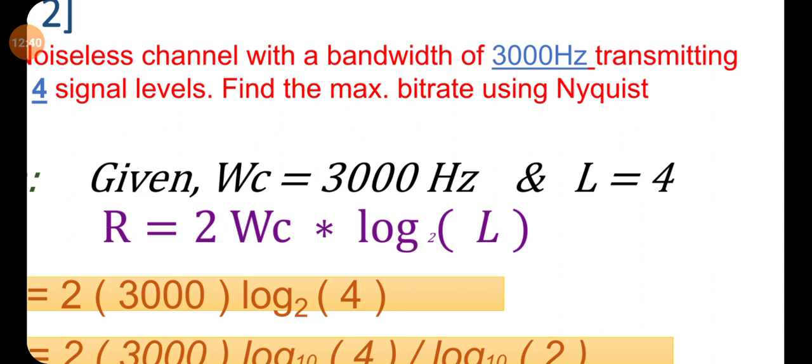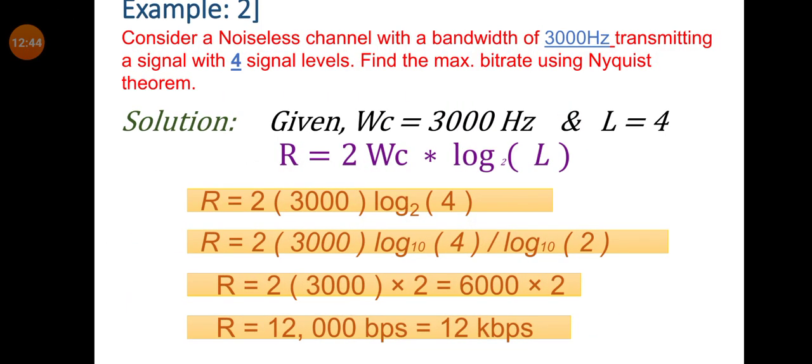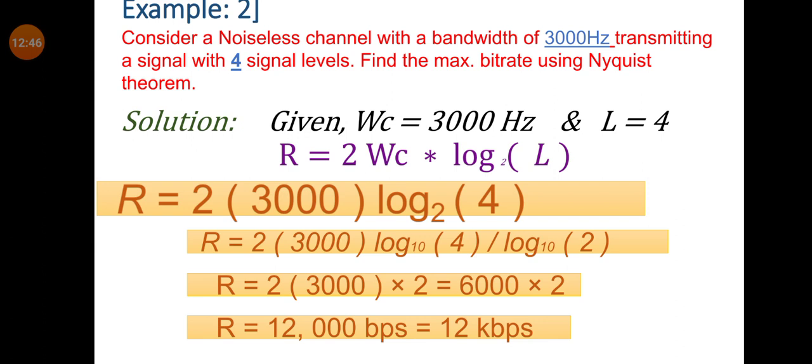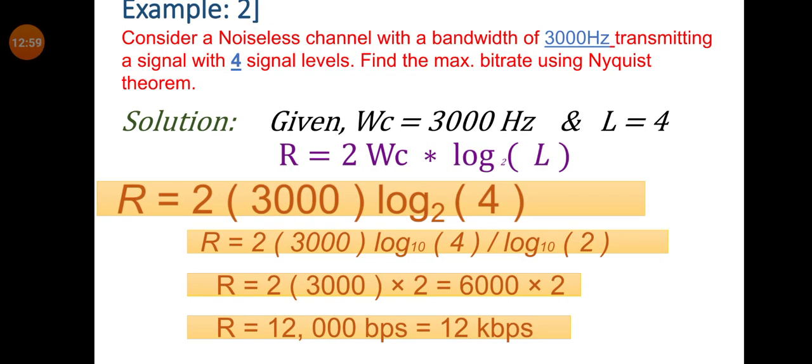What is the value of WC? 3000. So put it in place of WC. So R is equal to 2 into 3000 into log of L. L is 4, so in place of L, put 4. Clear? So R is equal to 2 into 3000 into log of 4 to the base 2.